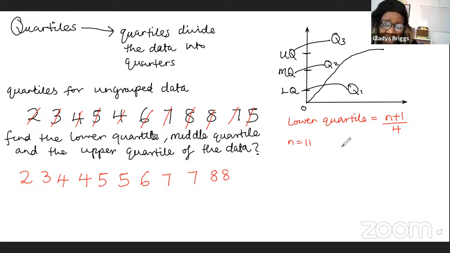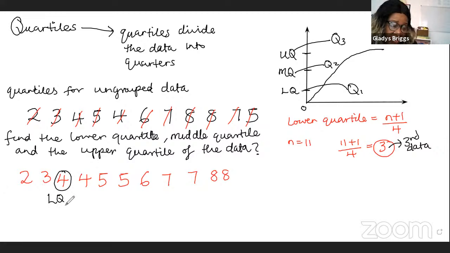That would be 11 plus 1 over 4, which is 12 over 4, which is 3. Now, this 3 here does not mean that the answer is 3. It means it's the third data. So you are going to go onto your data and find the third one: first, second, third. That is the lower quartile.